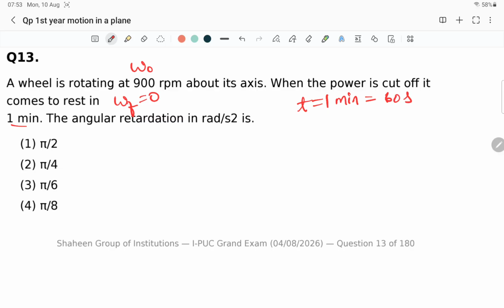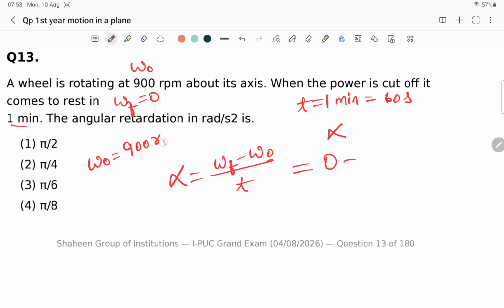And what has it told? Angular retardation, meaning alpha. I had given you this as work to write down the kinematic equations for the circular case. So if you use a equals v minus u by t, v is omega f minus omega naught by t. If you use 0 minus, okay, first omega naught is 900 rpm.